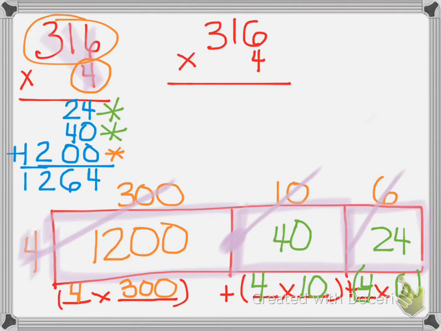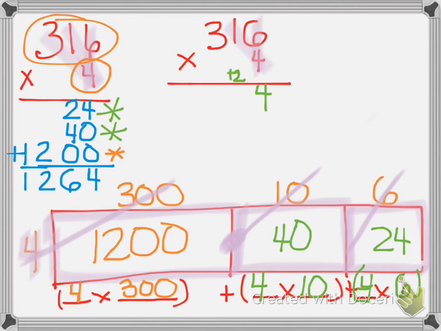Okay, let's see if we get the same answer with our standard algorithm. 4 times 6 is 24, or 2 tens, 4 ones. Now I need to multiply 4 times 1, which is 4 tens, plus these 2.